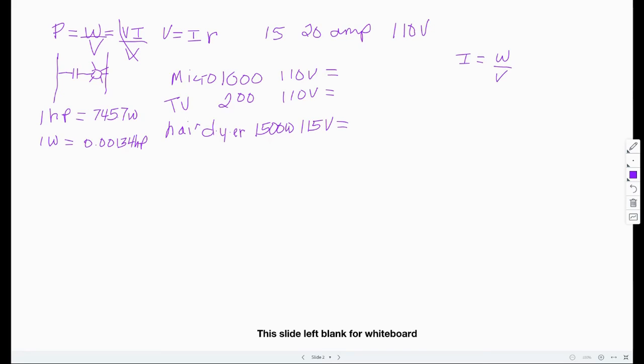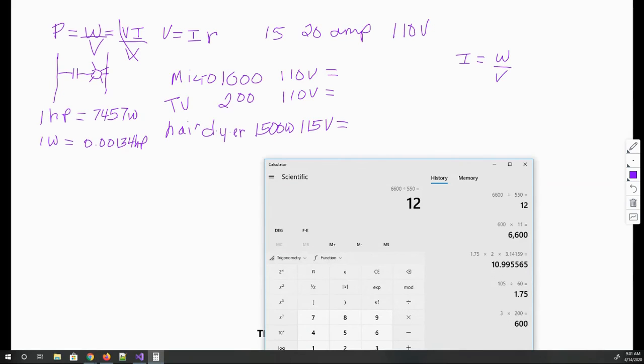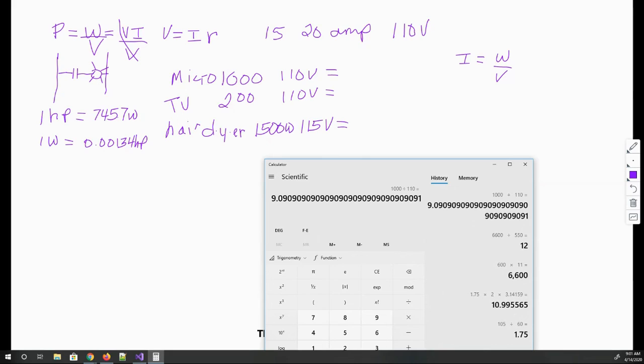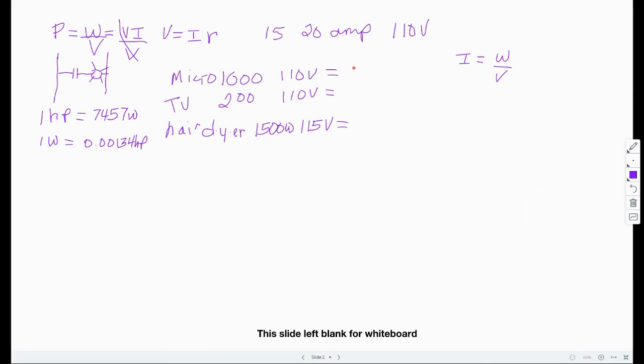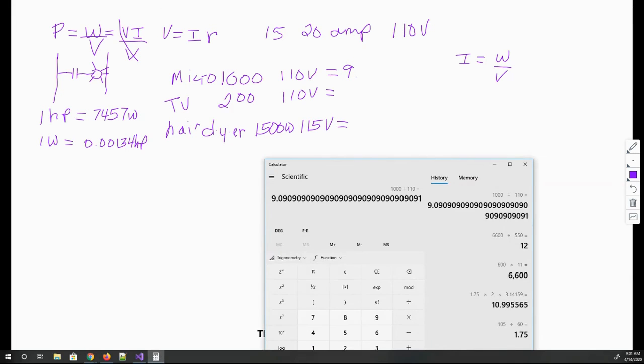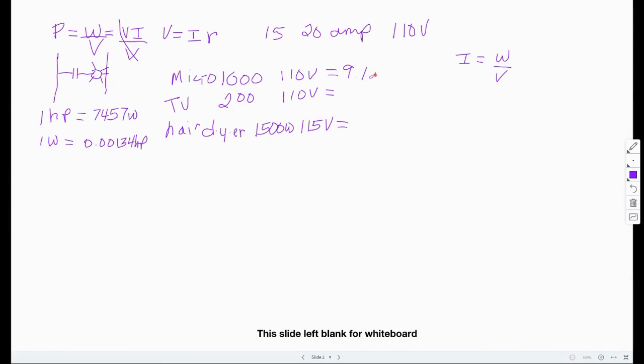So let's go ahead and get the calculator up here. So 1000 divided by 110, that's going to be a 9 amp circuit. 9.1 amp.